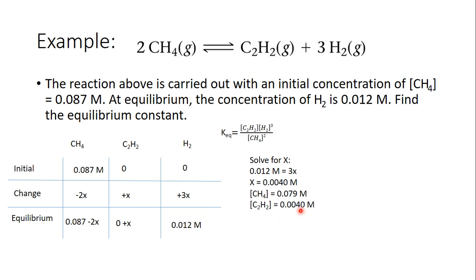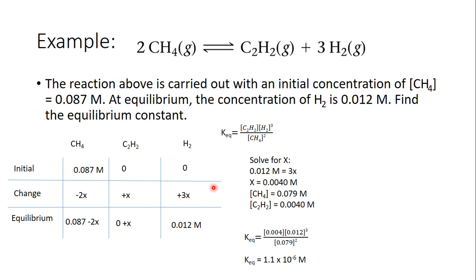C2H2 is just plus x, which is 0.004. Now we have all 3 of our concentrations, and we can plug them into Keq. So Keq equals 0.004 multiplied by 0.012 raised to the power of 3, divided by 0.079 raised to the power of 2. Solve that mathematically, and Keq equals 1.1 times 10 to the minus 6.